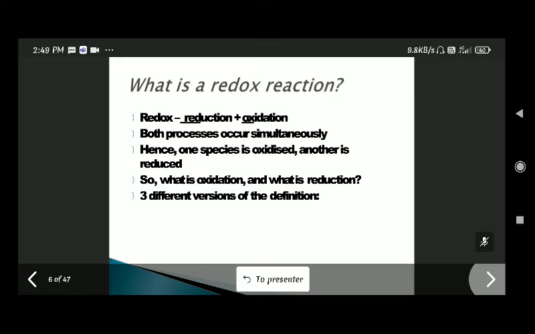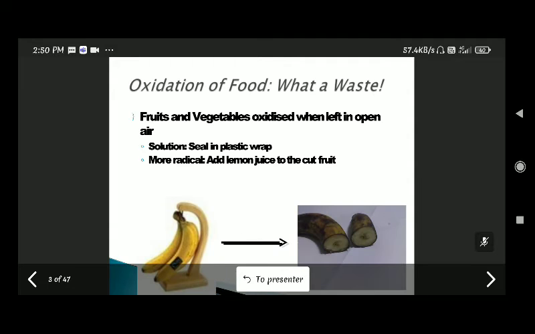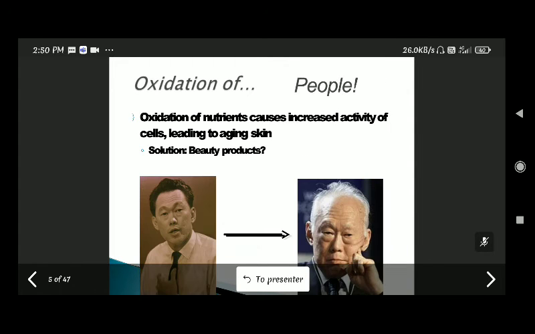Another point that you have to keep in mind when you are doing the titration of KMnO4 with a reducing agent: when you add KMnO4 from the burette, you have to add it slowly with a constant swirling motion of the conical flask.